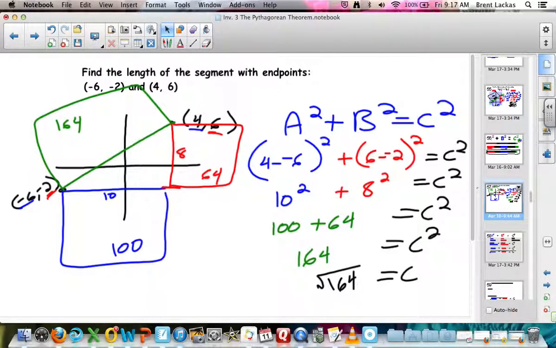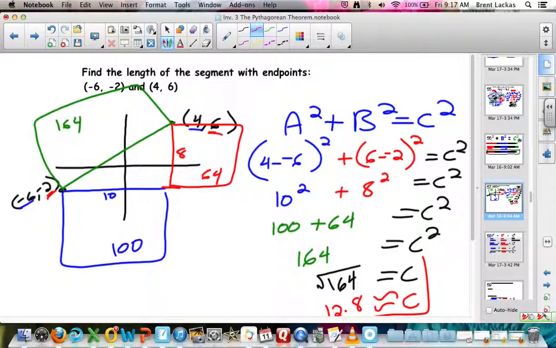And furthermore, the approximate value is 12.8. And that is using Pythagorean theorem to find the length of a segment given two ordered pairs.